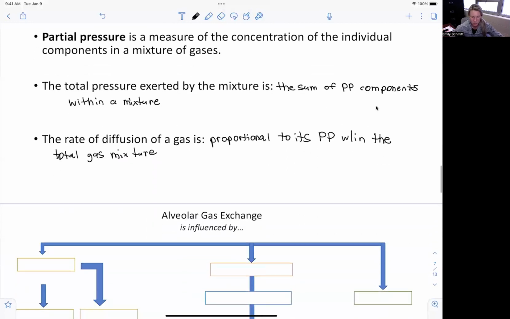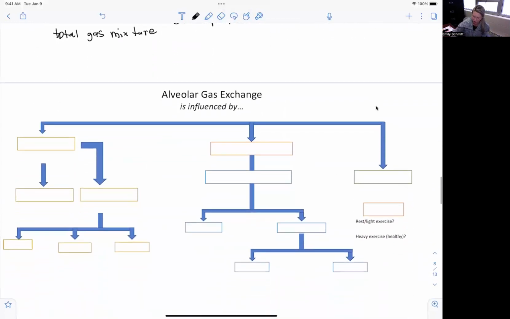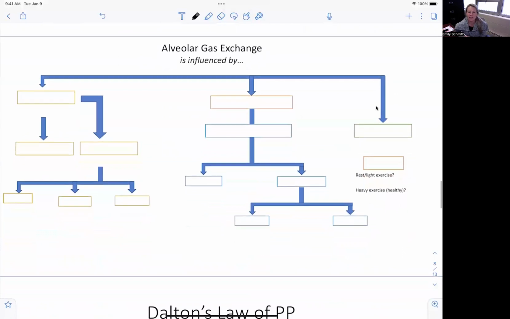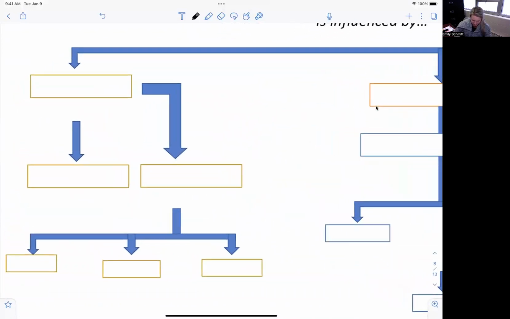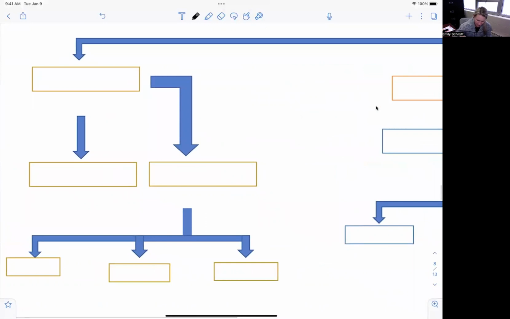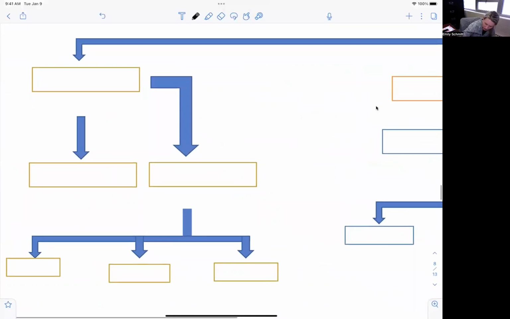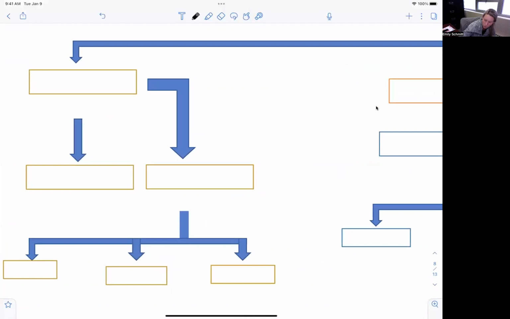And so in continuing to talk about what alveolar gas exchange is influenced by, we have sort of this nice diagram and chart. So I'm going to zoom in to the left-hand side of the chart here. The first thing that gas exchange is going to be influenced by is whether our oxygen can actually reach the alveoli.